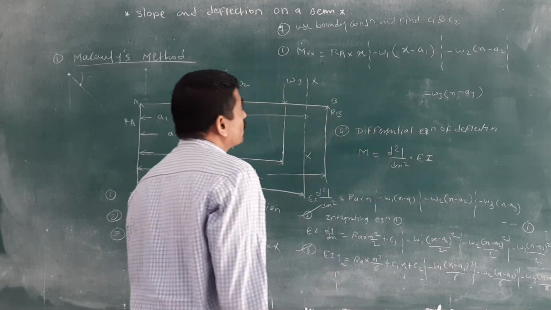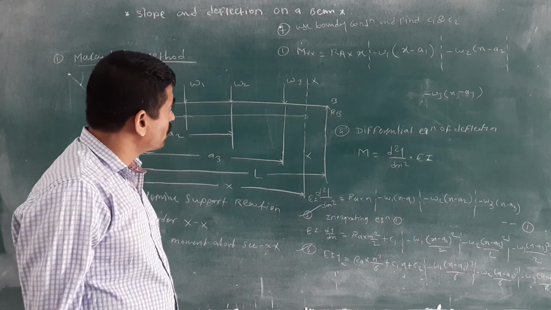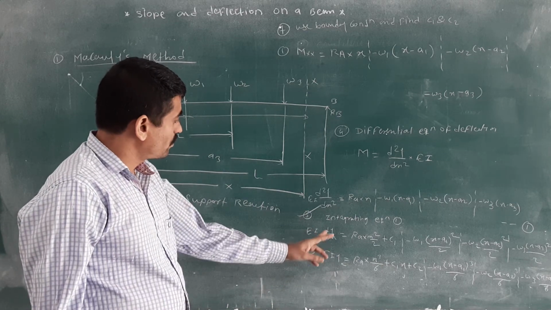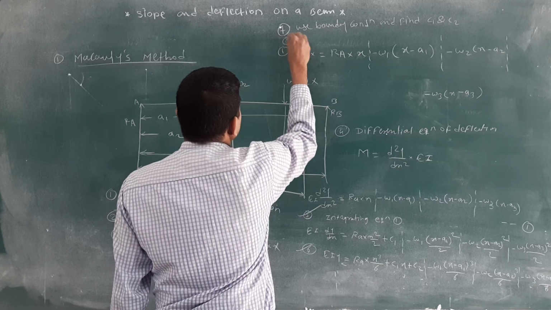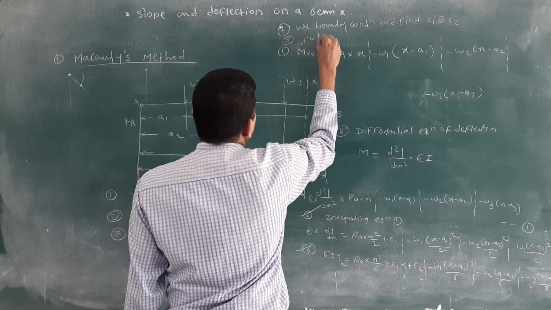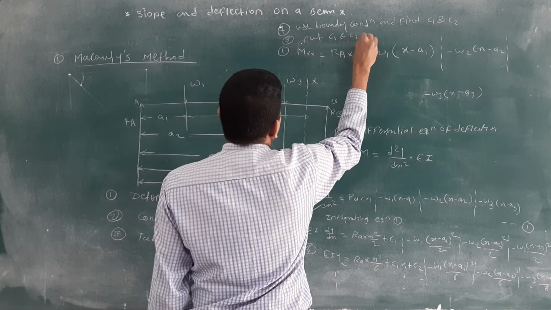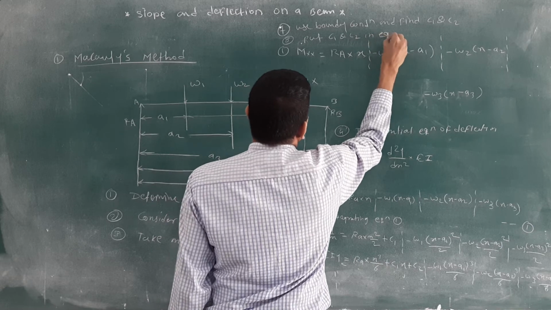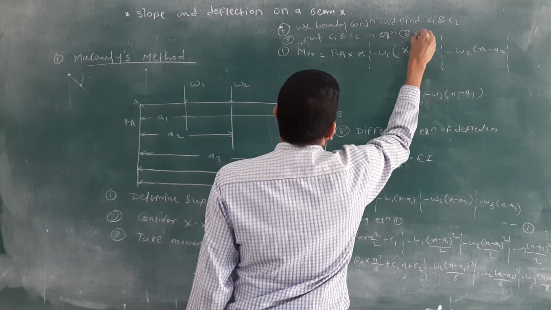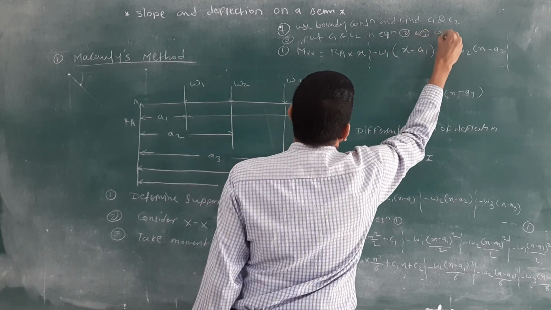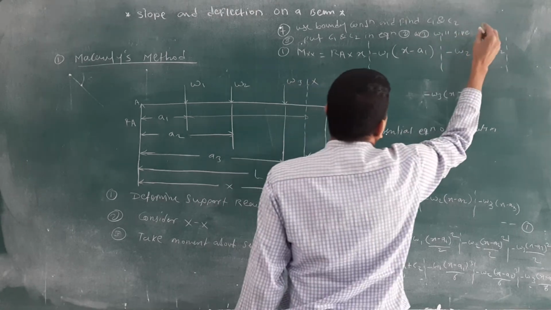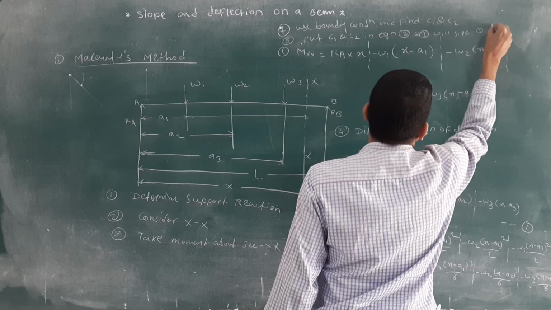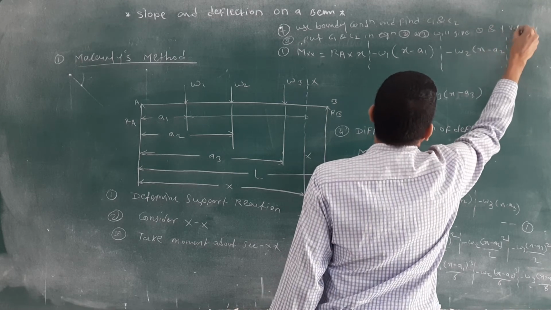Once you have got C1 and C2, put these values in the equations. Last, step number 8: put C1 and C2 in equations 2 and 3, which will give the slope and deflection values.